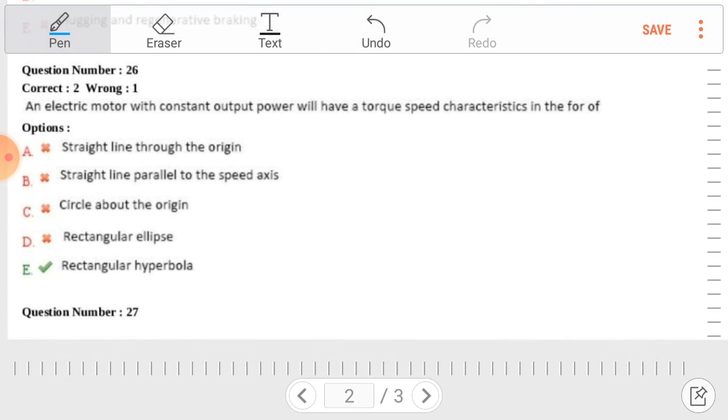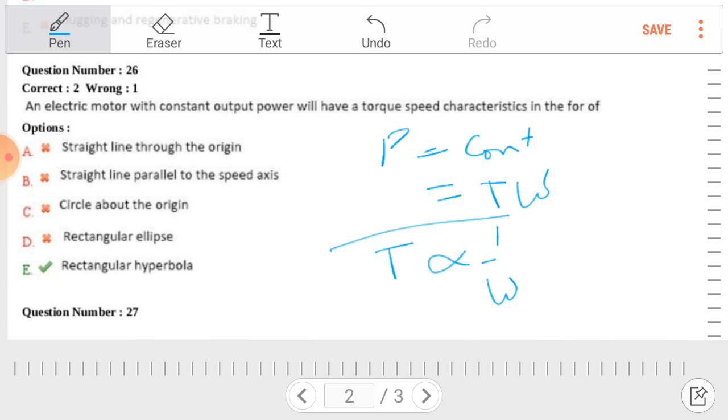And next question, an electric motor with constant output power will have torque speed characteristic in the form of, so for the constant power, P equal to torque into omega. So torque speed relation will be 1 by omega and it will be represented by rectangular hyperbola.